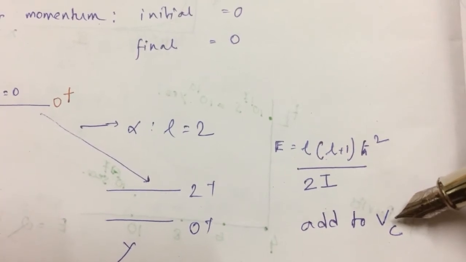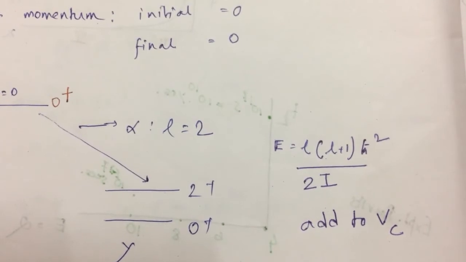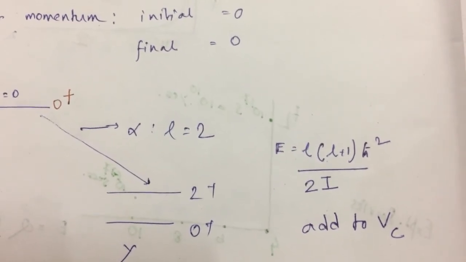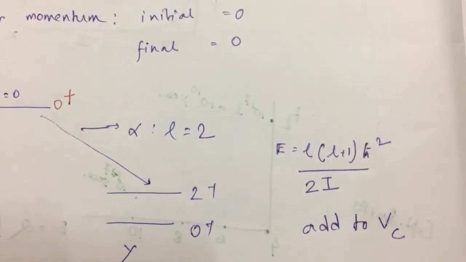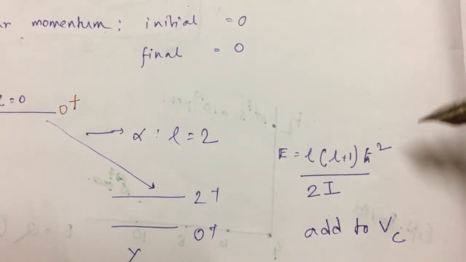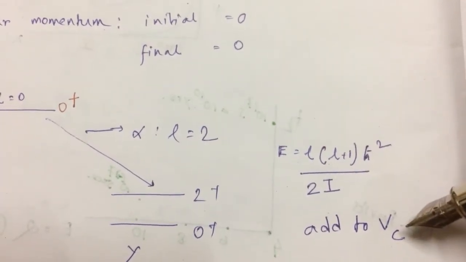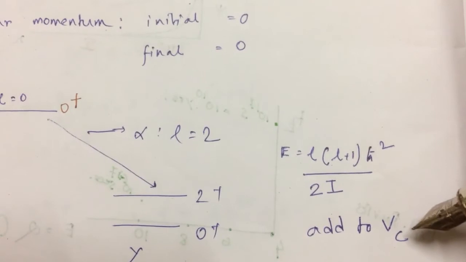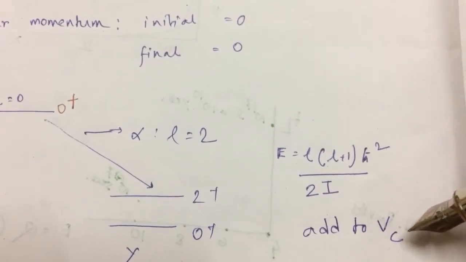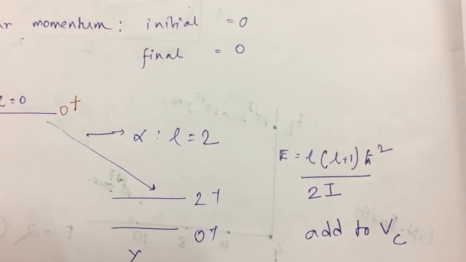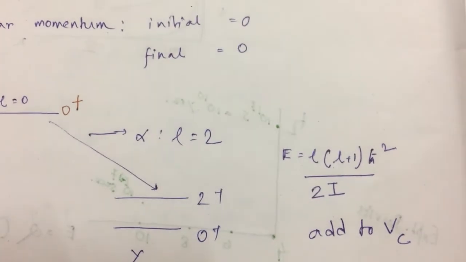That means the repulsion, the barrier faced by the alpha particle, is something more than the Coulomb potential itself, because now this term is added to the Coulomb potential. So the alpha particle with some kinetic energy Q is now facing a greater barrier height than the previous one, because this term is added to Vc.